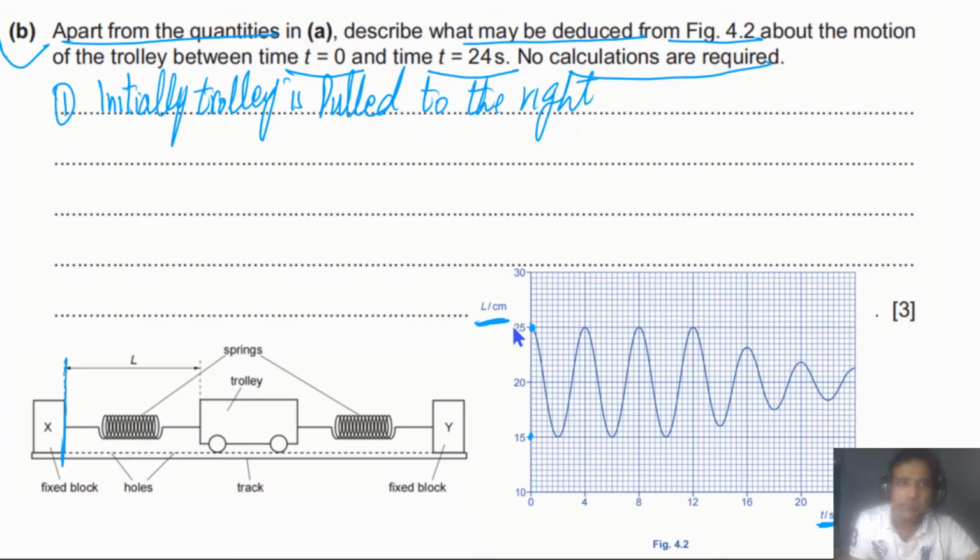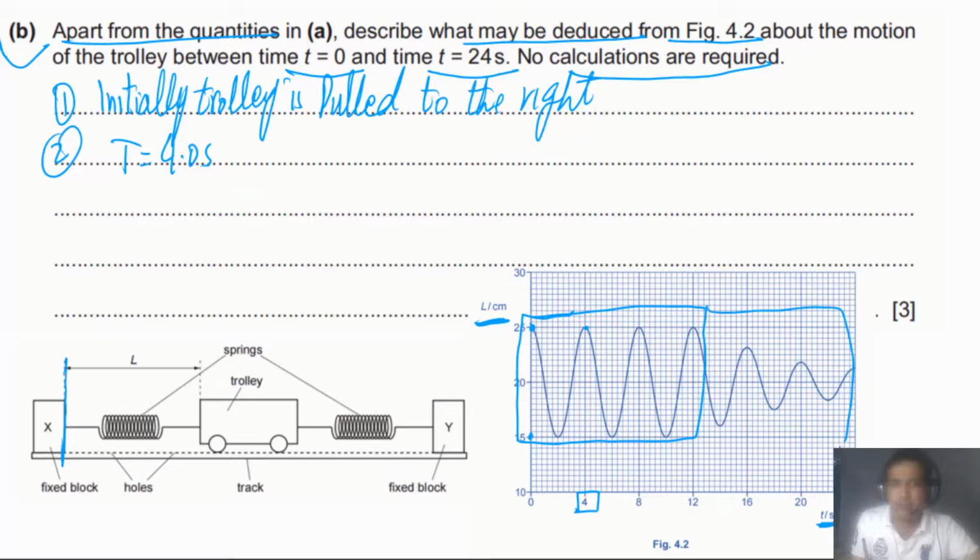And the second thing we can find out is, if we look at the time period of this one, its time period is equal to 4 seconds. So we can say time period T is equal to 4.0 seconds. And also if we look at this motion, first part of the motion is undamped and this one is damped.